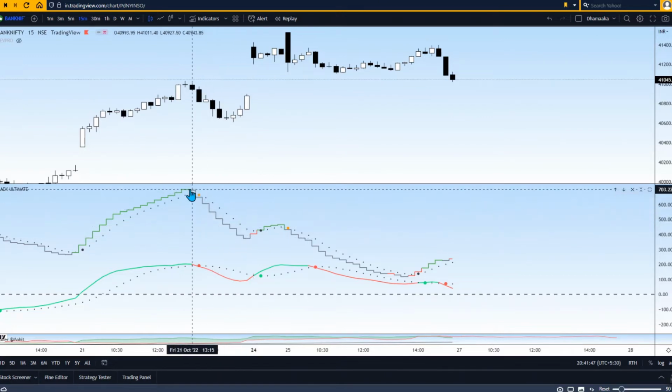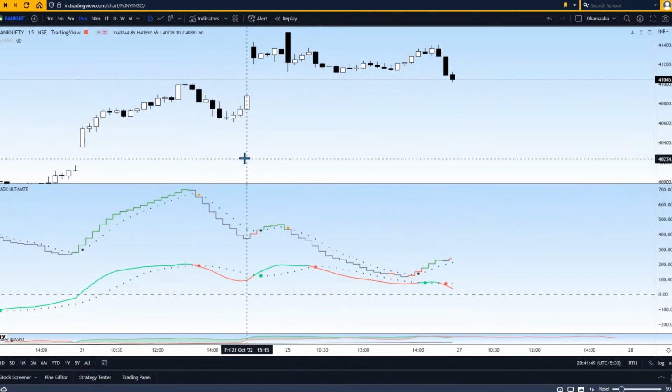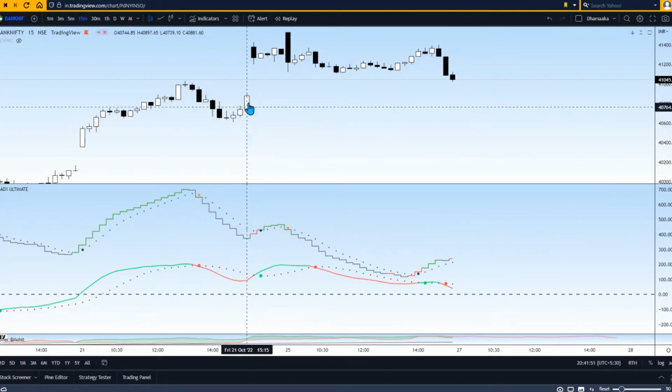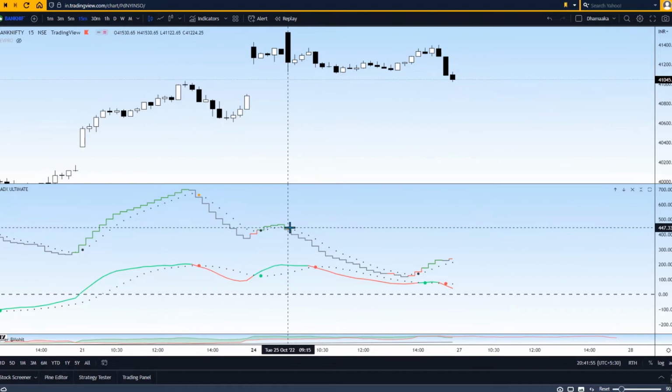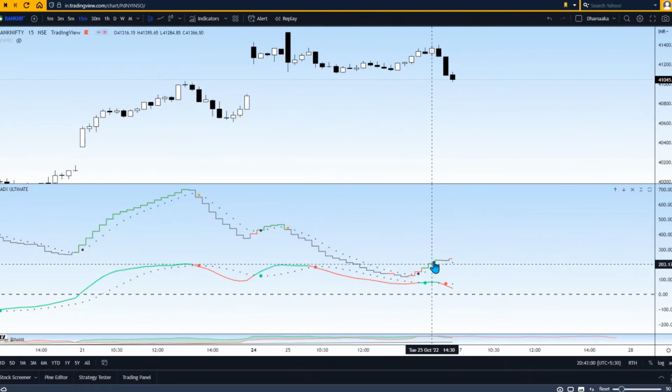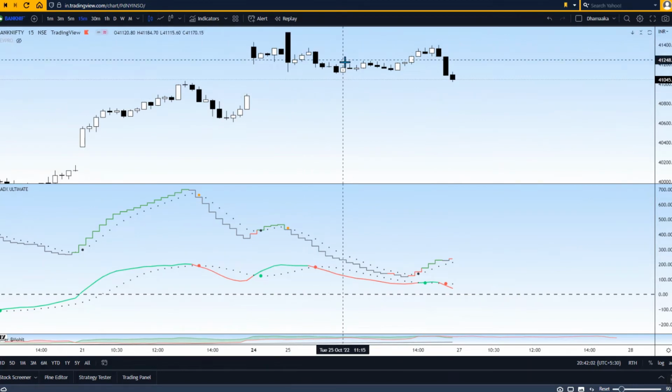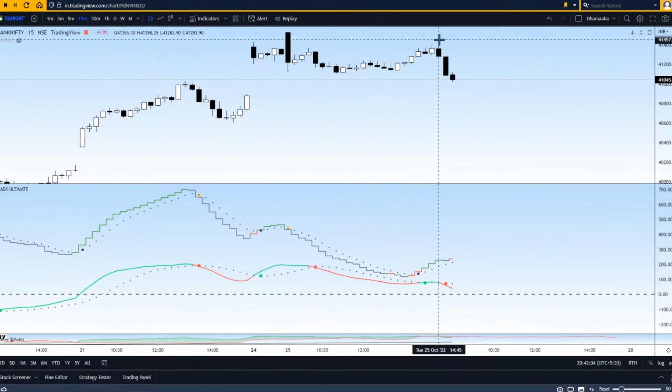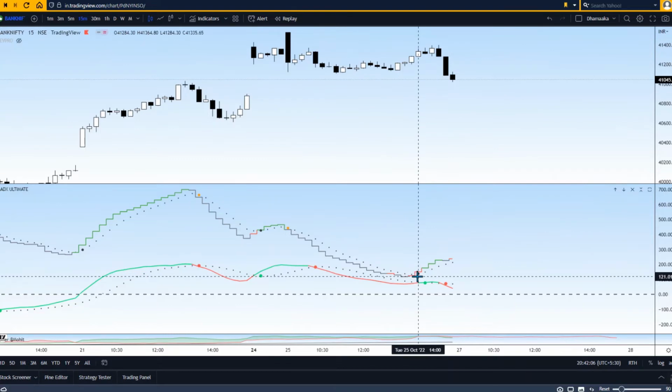For example, from this point till this point, you see it's like a V-shaped market, right? Again from here, till this black dot where it started going up, it went down and went up, so it was again a sideways market.